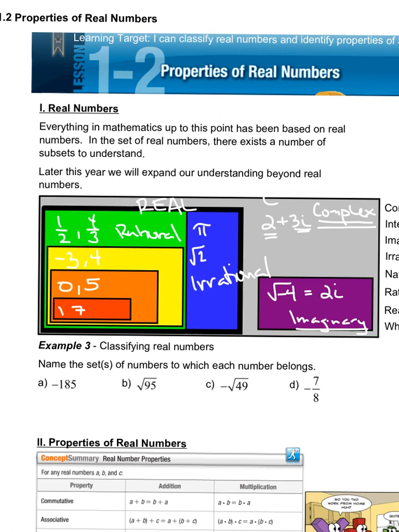Irrational numbers cannot be represented as a fraction. Then we go into a subset of rational numbers. These are called integers. Integers are essentially all of our whole numbers, 0 on up, as well as their negative opposites.